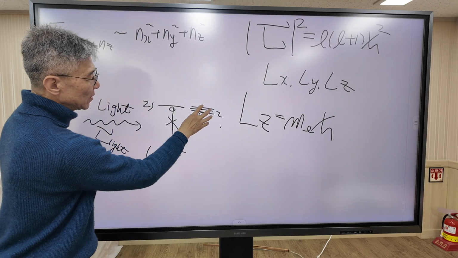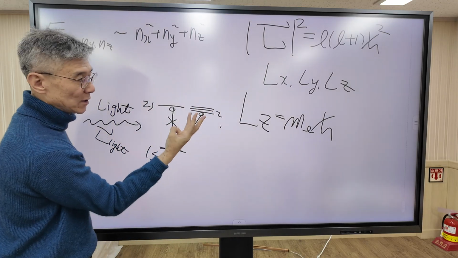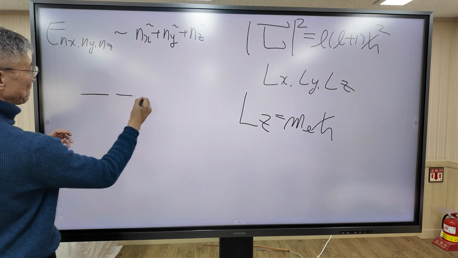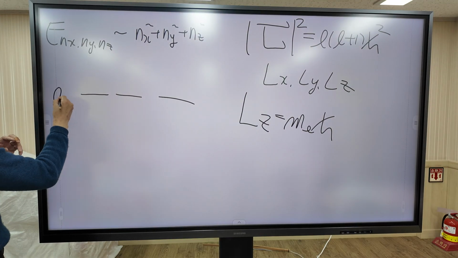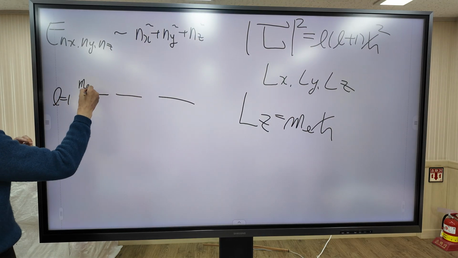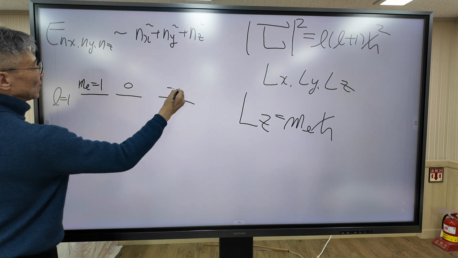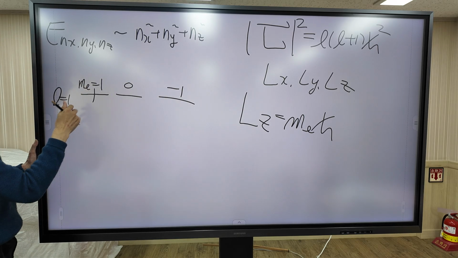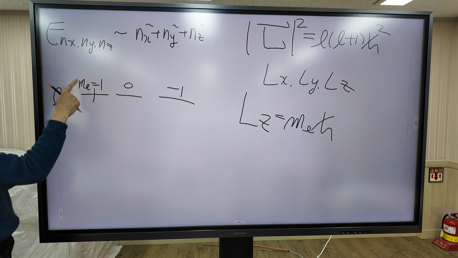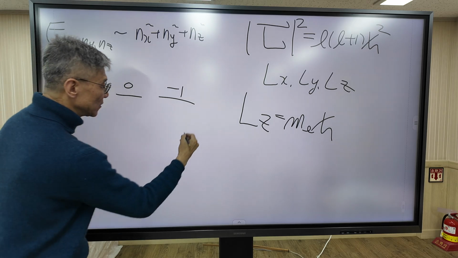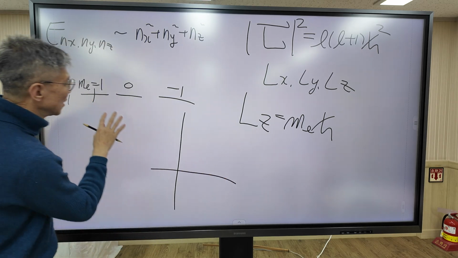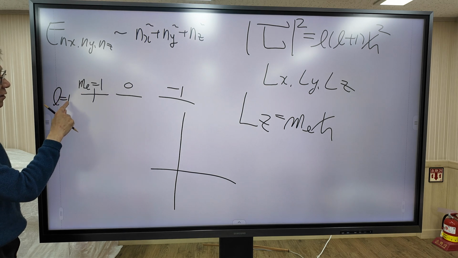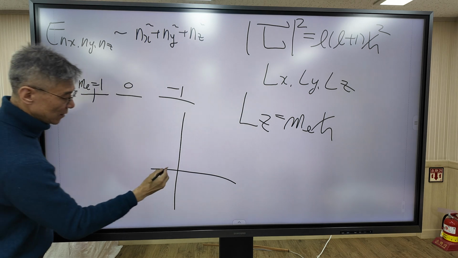Now, a p orbital consists of 3 orbitals. So L equals 1, ML equals 1, 0, minus 1. Now, for an electron in this orbital, quantum number L equals 1, ML equals 1, I'm going to visualize the angular momentum vector of the electron in the L equals 1, ML equals 1 state.